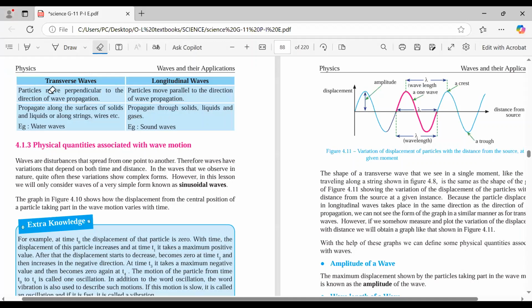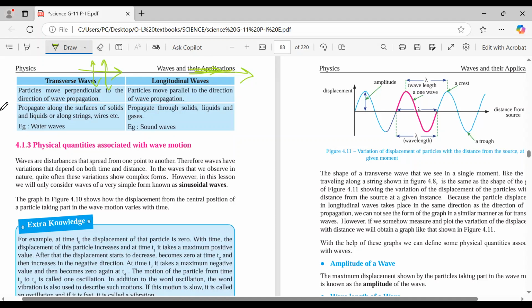Particles move perpendicular to the direction of the wave propagation. Yes, it's always perpendicular. The wave, the energy, goes this way. If the wave is going this way, particles are going to move up and down in transverse. But look at longitudinal. Particles move parallel to the direction of the wave propagation. So if the wave is going to go this side, the particles are also going to go towards the same direction, parallel, right?